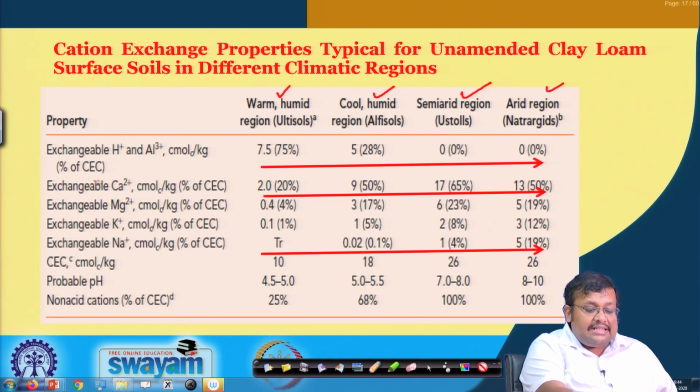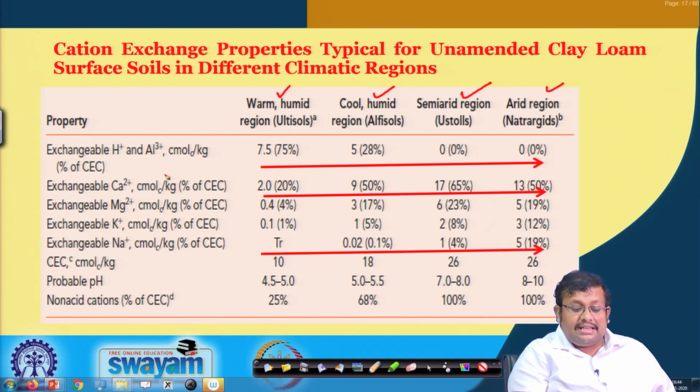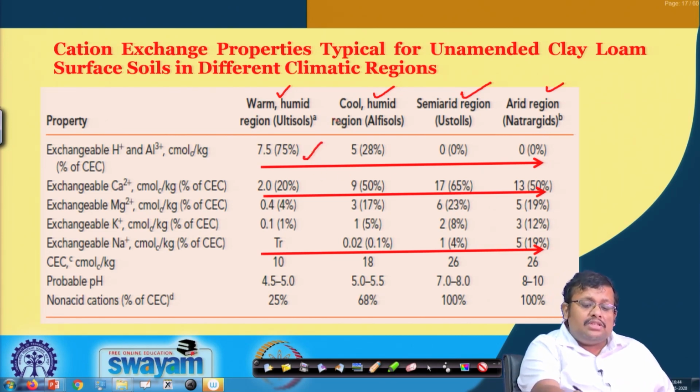The percentage of CEC occupied by exchangeable H plus and Al3 plus is highest in warm and humid climate, and as we go from warm and humid climate to arid region, we see a further decrease.